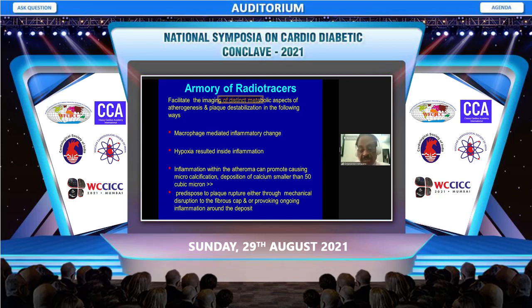Do you know the size of this microcalcification? It is deposition of calcium smaller than 50 cubic microns. These findings predispose to rupture, either through mechanical disruption of the fibrous cap or as a result of inflammation producing thrombosis and producing MI or cerebral infarction.